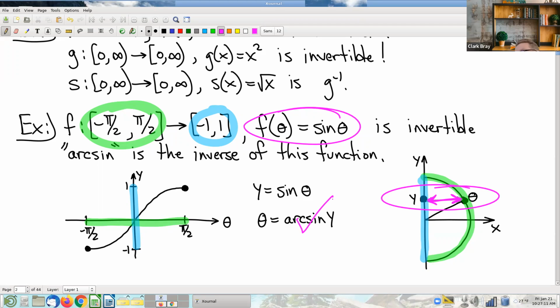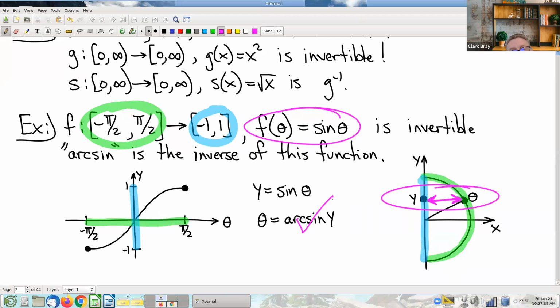So this is why a lot of people take the point of view that when you take arcsine, you're only supposed to pick certain values. That's not a "supposed to." You're inverting something. What are you inverting? Side note, the thing you're inverting had better be invertible. And so arcsine is the inverse of this invertible function.